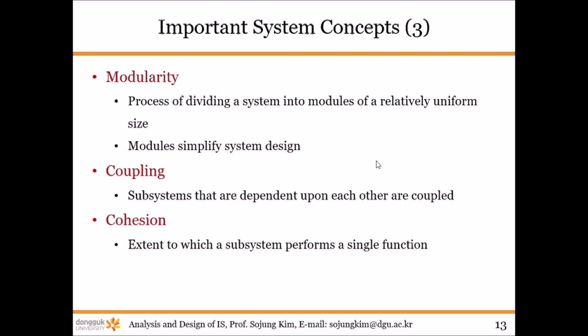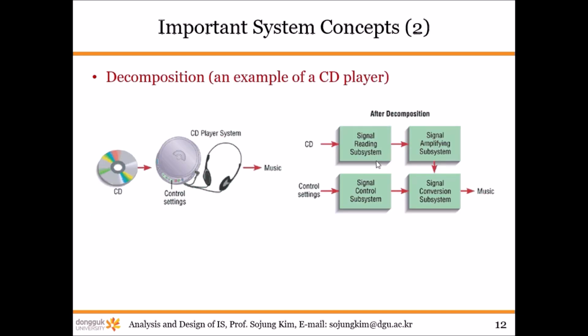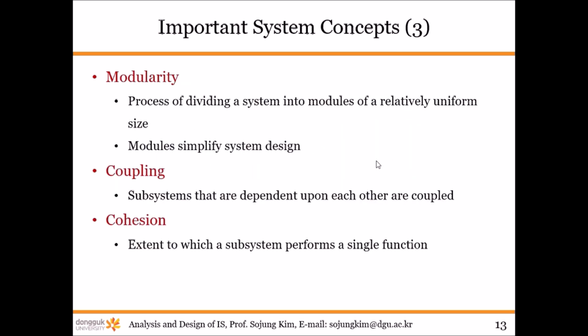That's what you call modularization. So you need to divide the system into modules so that you can actually manage it. Technically, decomposition is a concept, and modularity is more like the way to implement the decomposition.